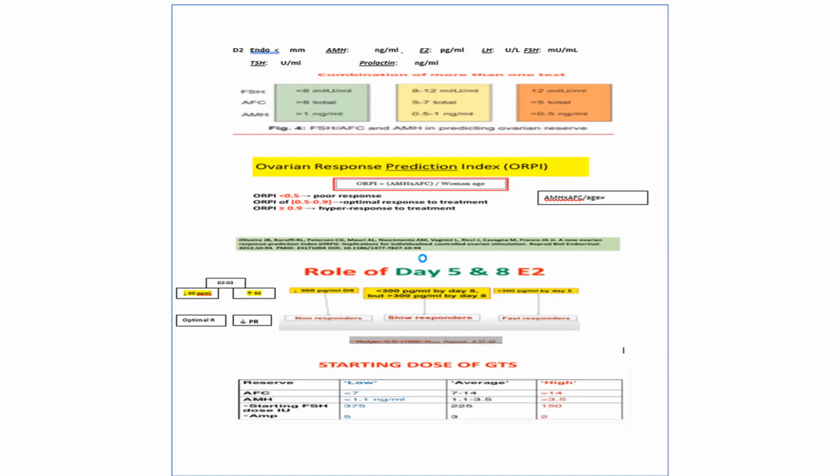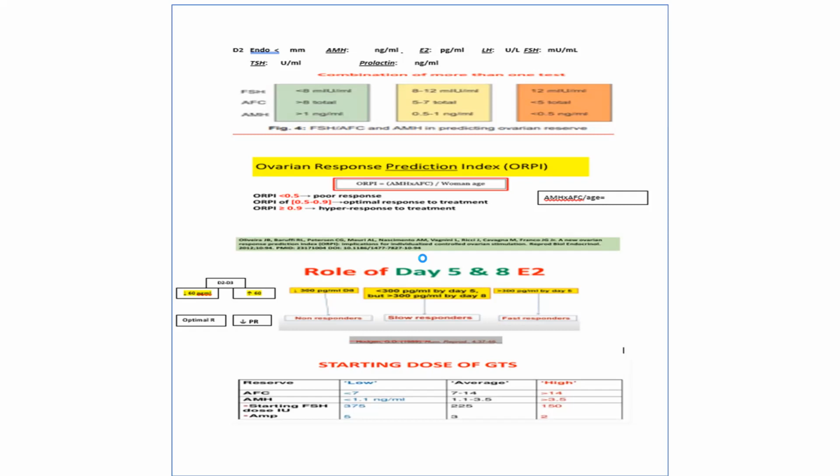And you have to correlate the findings of ovarian reserve testing, FSH, antral follicle counts, and anti-Mullerian hormone. The second important issue is the ovarian response prediction index, which uses biochemical, biophysical, and biological testing.